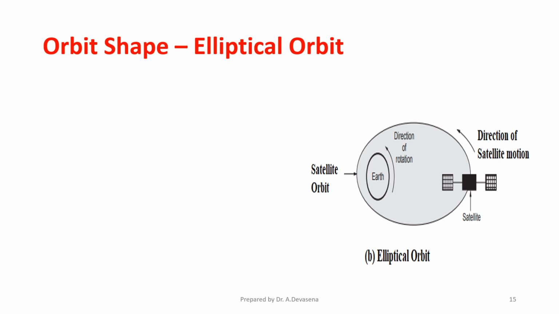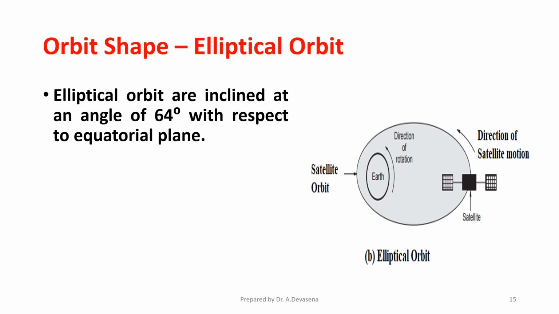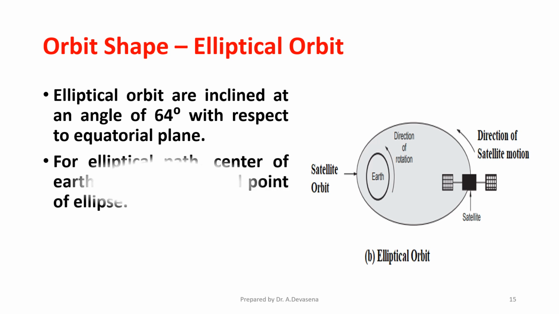Elliptical orbits are inclined at an angle of 64 degrees with respect to the equatorial plane. For an elliptical path, the center of the Earth is one of the focal points of the ellipse. Hence, the distance between the Earth and the satellite varies during its revolution.